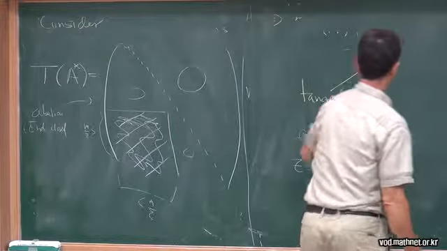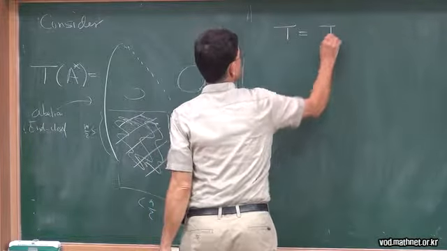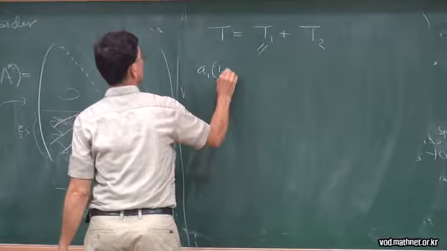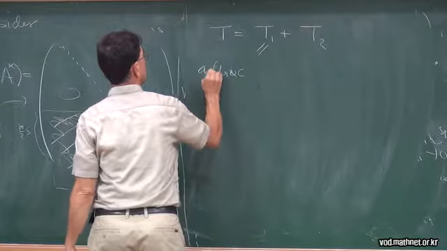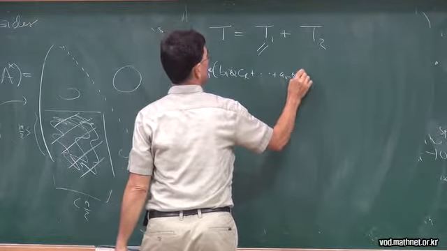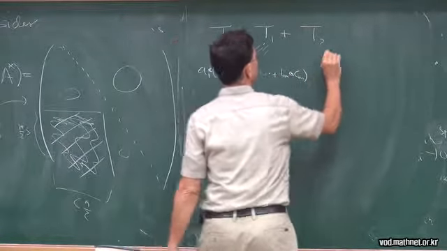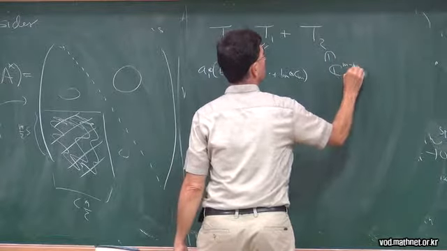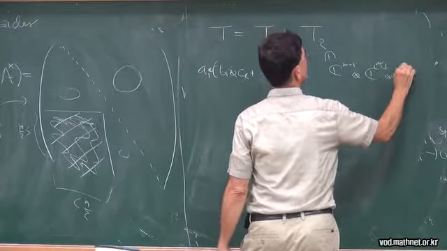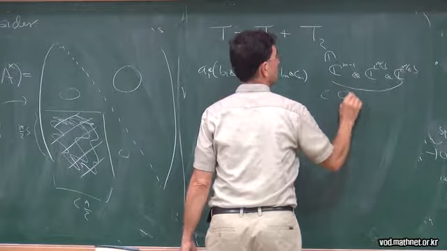But you see, this T I could really write as some T1 plus T2, where this is some A1 tensor B1 tensor C1 plus AM tensor BM tensor CM. And this thing sits inside C^(M-1) tensor C^(M/2) tensor C^(M/2). And this could be generic.